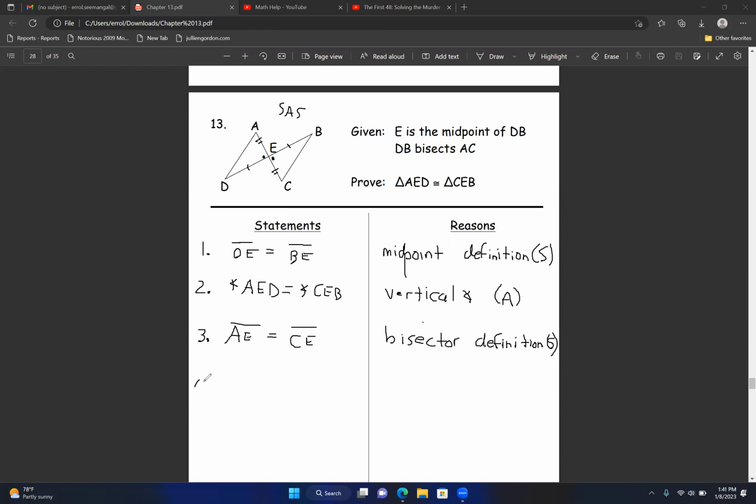So then number 4 is what? Triangle AED is congruent to triangle CEB by what? SAS.